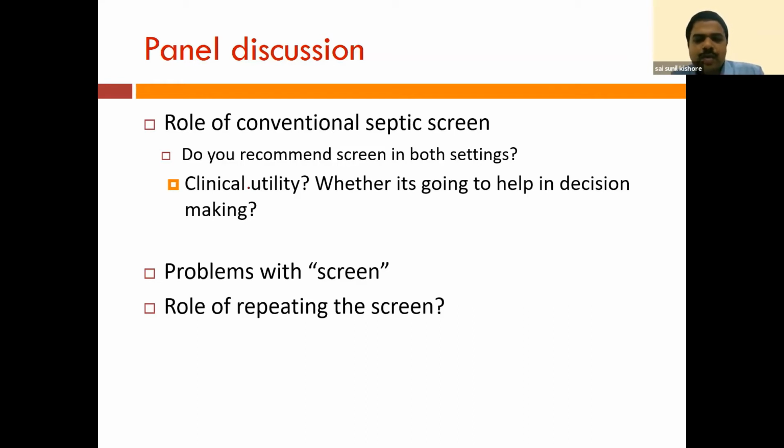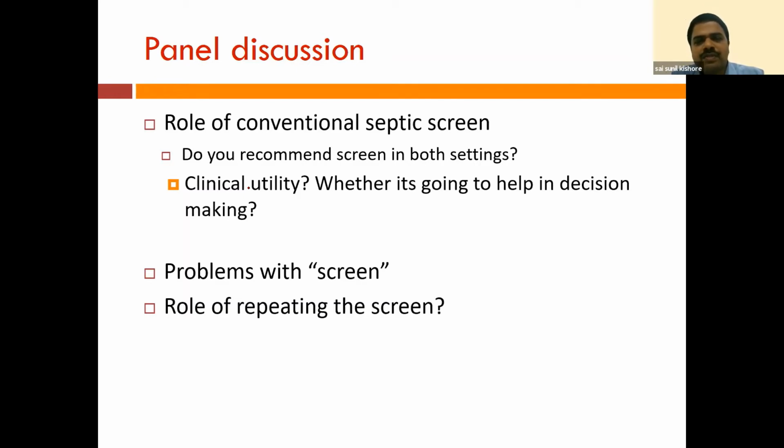Now, what are the problems with the septic screen, and is there any role of repeating the screen if the first septic screen comes negative? All the parameters are basically inflammatory parameters, isn't it? So sometimes it can be falsely positive and sometimes falsely negative also.